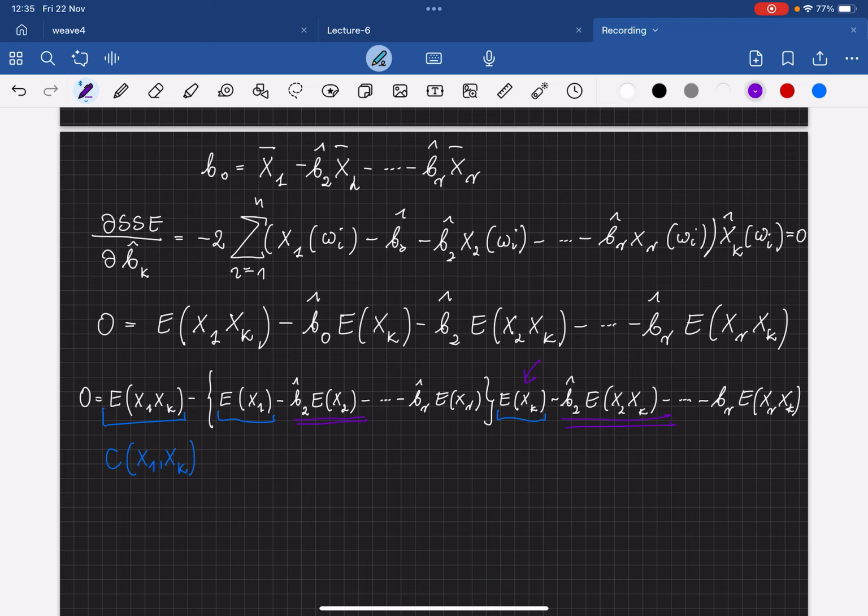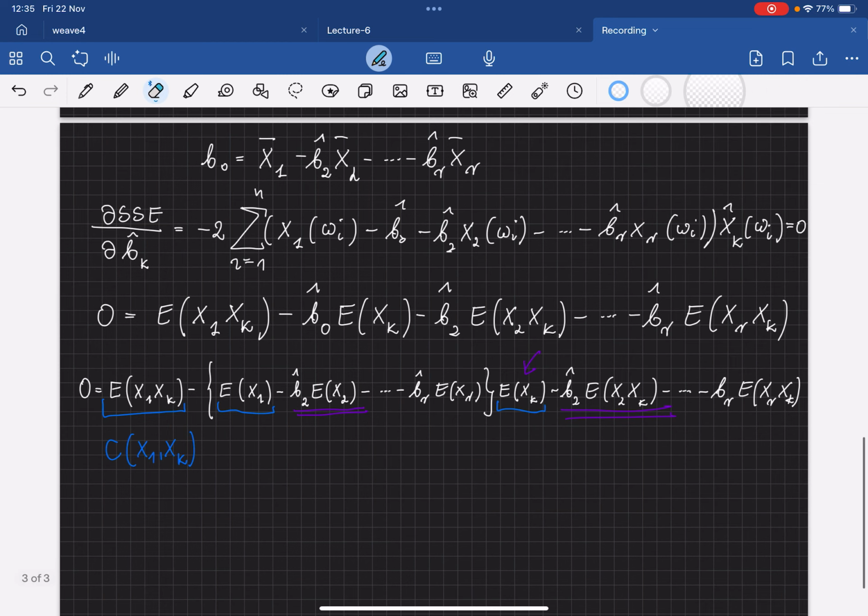So in purple we write plus b2, and there is expectation value of x2, expectation value of xk minus expectation value of x2 xk, which is a covariance of x2 xk with minus sign.